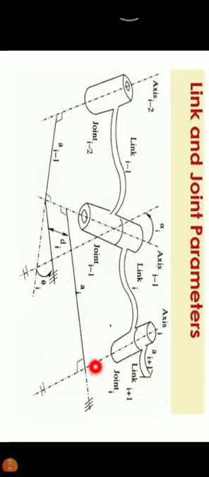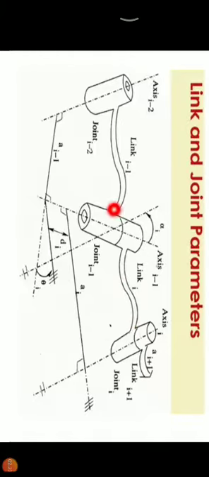This will be joint i, this will be joint i minus 1, and this will be joint i minus 2. Joint i has axis i, joint i minus 1 has axis i minus 1, and joint i minus 2 has axis i minus 2, and these are their links.